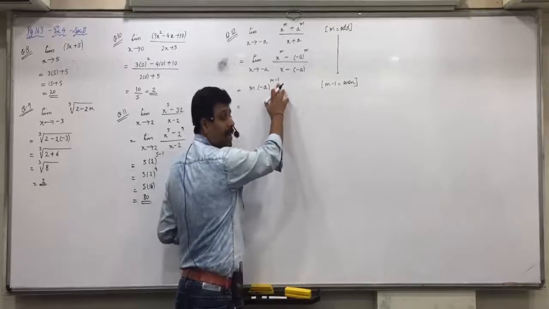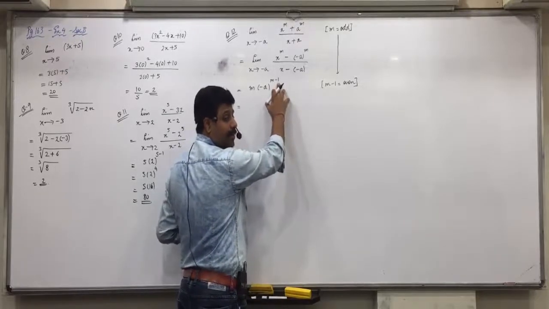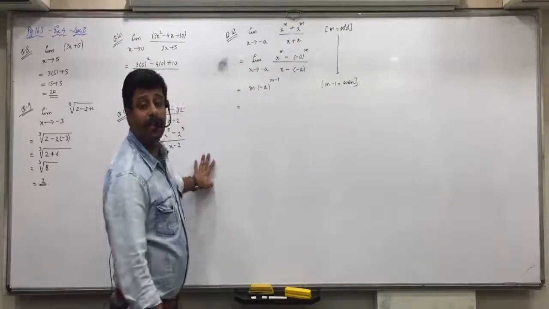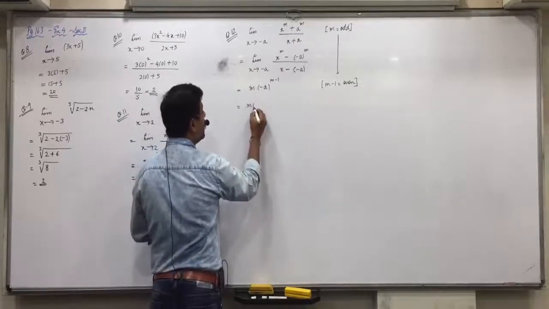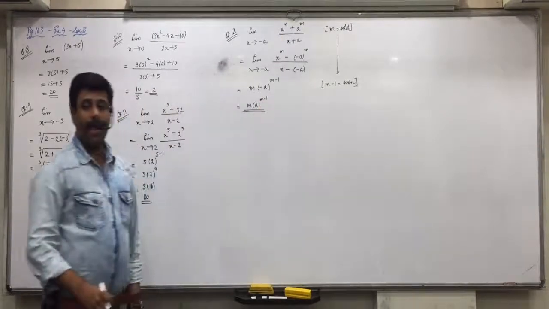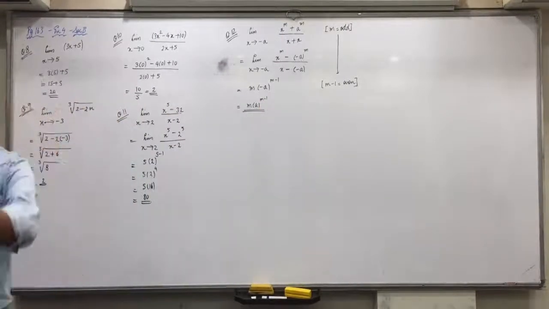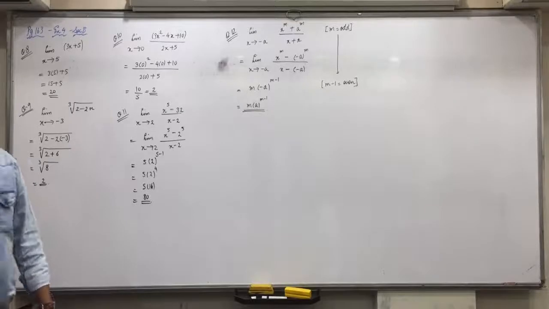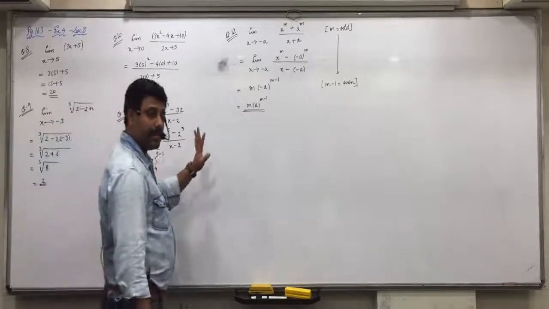So m minus 1 would be even. Negative numbers with an even power become positive. So you can write it as m a raised to m minus 1. Is everyone clear with this?